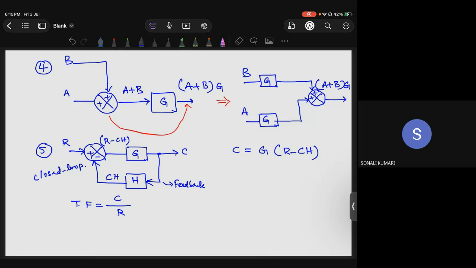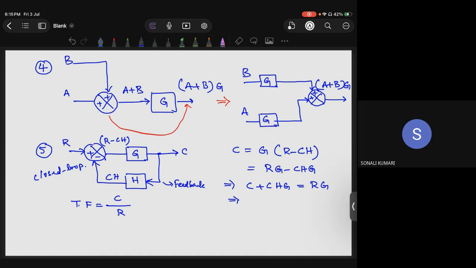C is G multiplied by R minus CH. So I can write this one like RG minus CHG. So from here I can write this one as C plus CHG equal to RG. Correct?